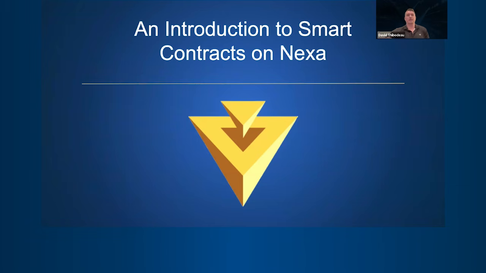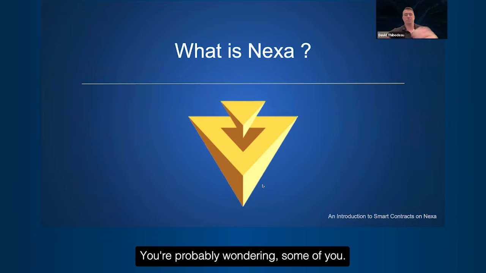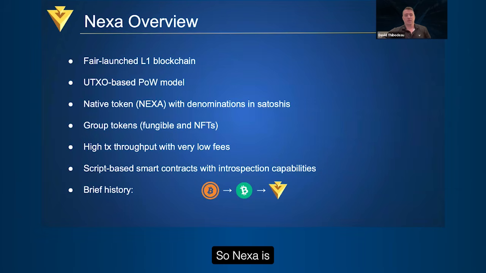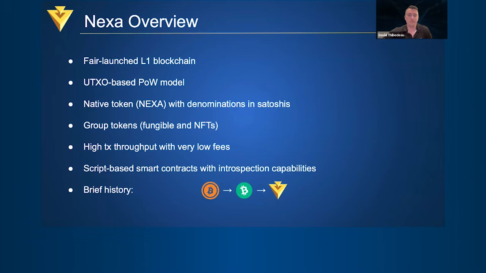I'm going to talk to you about smart contracts on Nexa. You're probably wondering, some of you, what is Nexa? Nexa is a fair launch layer one blockchain. We use a UTXO proof of work model.